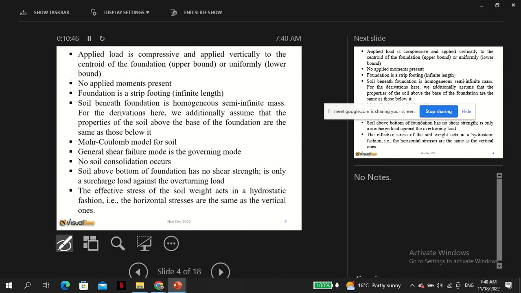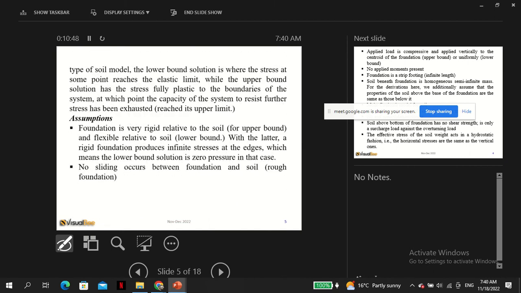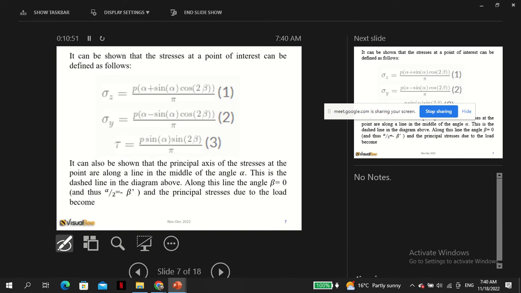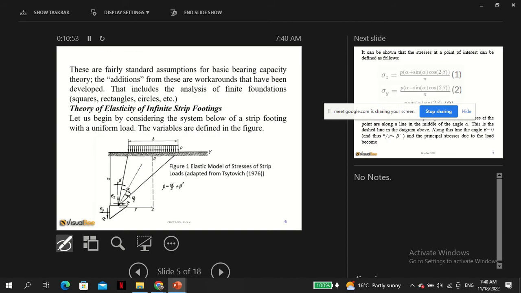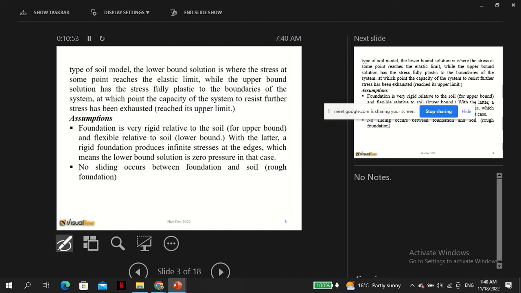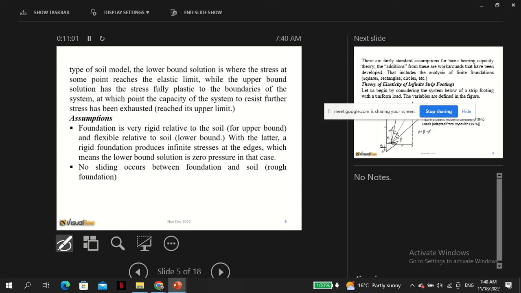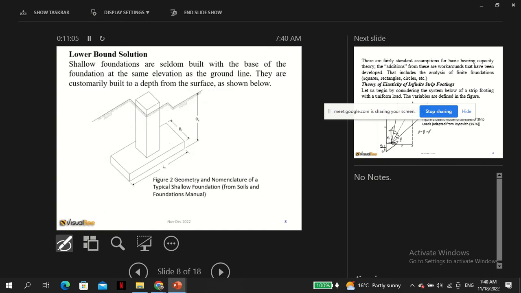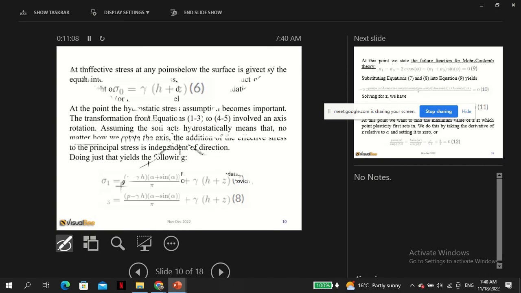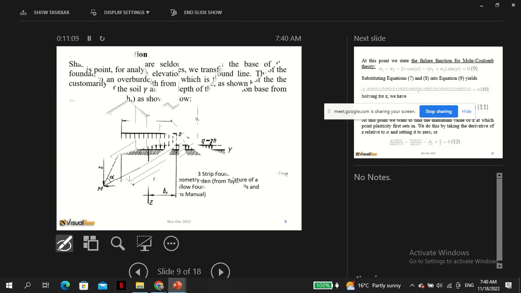Let's see here, I think there's a diagram. There's no diagram, I think there should be some.